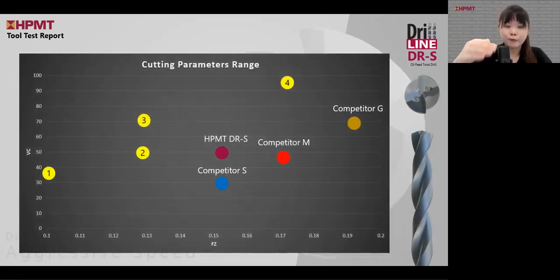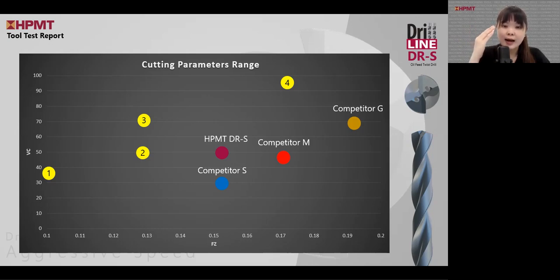Here is the range where all those cutting parameters are located. The balloons with the numbers 1, 2, 3, and 4 refer to the cutting parameters used in this experiment. Like I said, we set up 4 different cutting parameters, right?